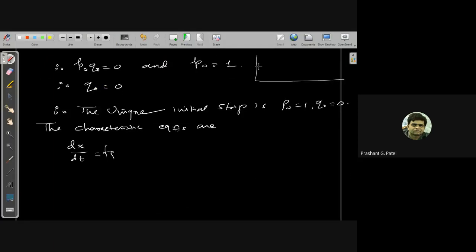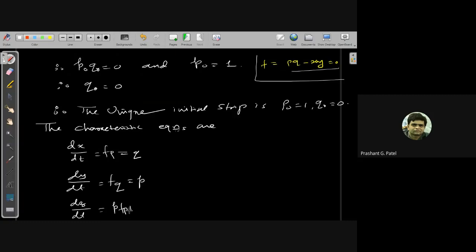Our function F is pq minus xy equal to 0. So fp, the derivative of this function with respect to p, is q. dy by dt is fq, which is p. dz by dt is p fp plus q fq, that is pq plus pq, which gives me 2pq.